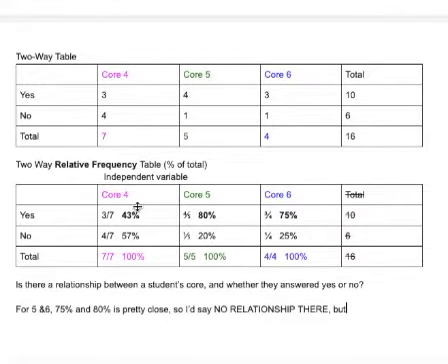But core 4 only had 43% of kids say yes. So in this case, it does look like yes, because the percent was so different for core 4, it seems that something different happened in core 4. Core 4 had a much lower yes percent.